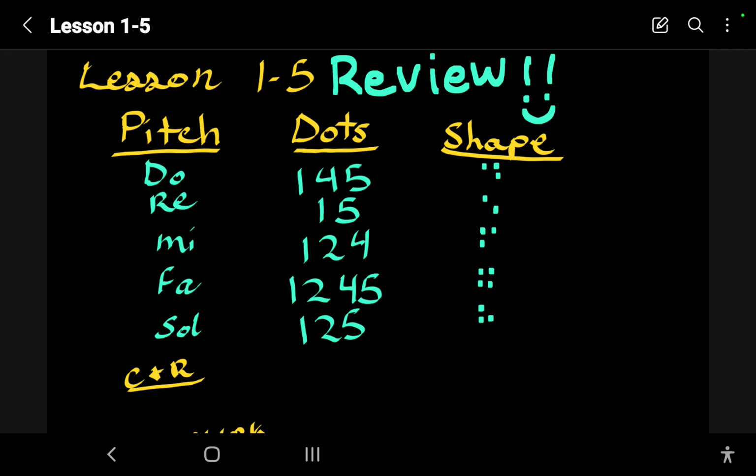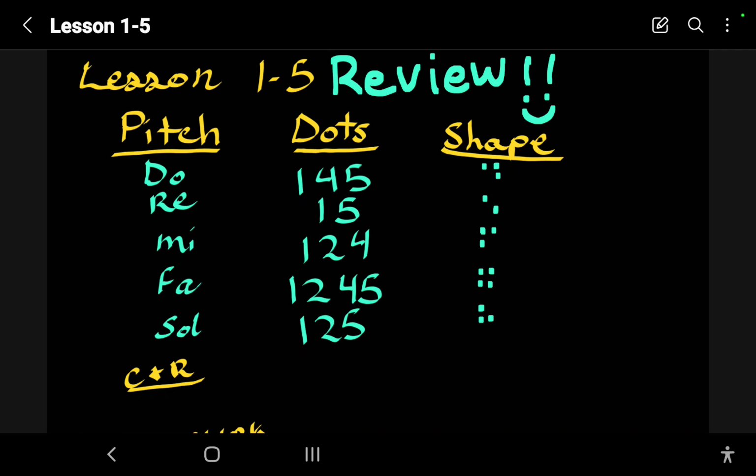If you're looking at numbers, like mathematics, these shapes are going to represent numbers. If you're looking at music, these shapes are going to represent pitches. So it's really important to understand what you're looking at in Braille.